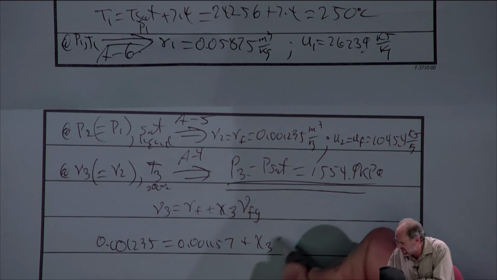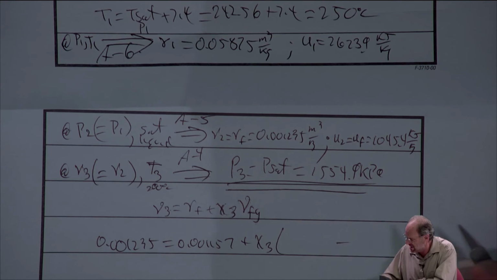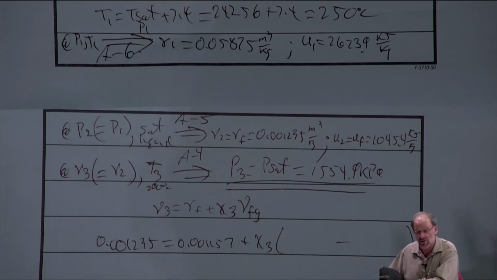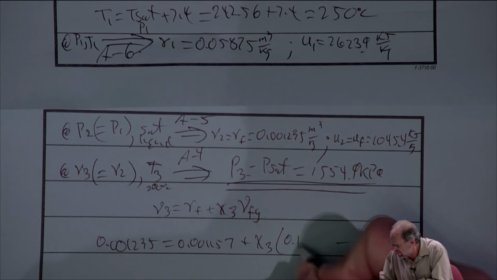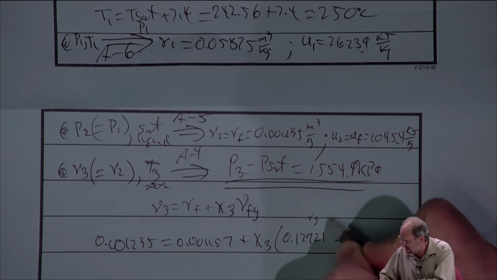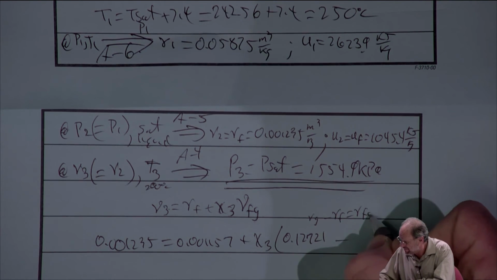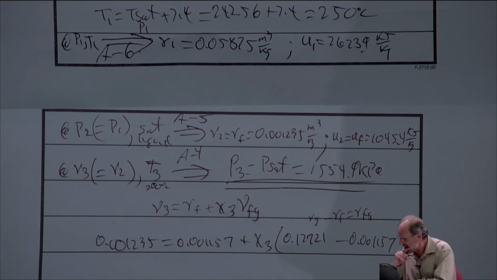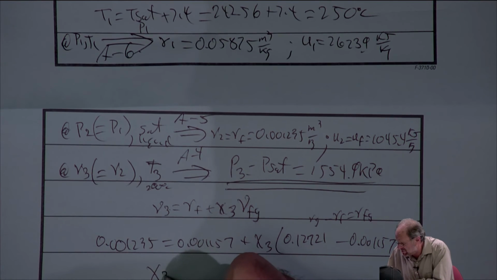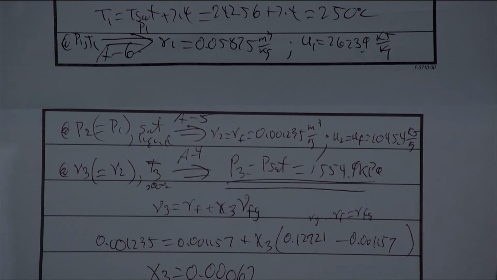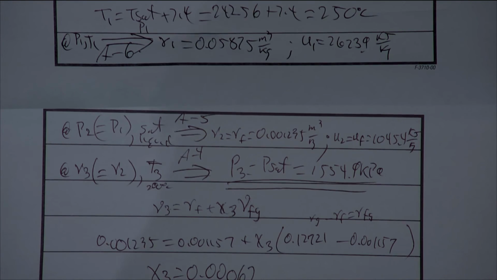The quality is what we're trying to find. VFG is just the difference between VG and VF. So VG is 0.12721, and VF is the same number we have, 0.001157. Anyway, going through some math, we find that the quality at point 3 is 0.00062. So it's extremely low quality, but still it's a two-phase mixture.